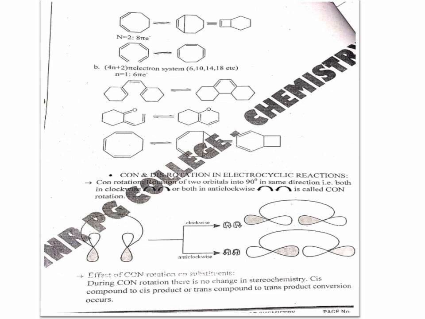So before conrotation, to show the conrotations in the clockwise or anti-clockwise manner, you will have two pictures, and for these two pictures everywhere we have to show both the clockwise conrotation and the anti-clockwise conrotation, so in total we will have 4 pictures.